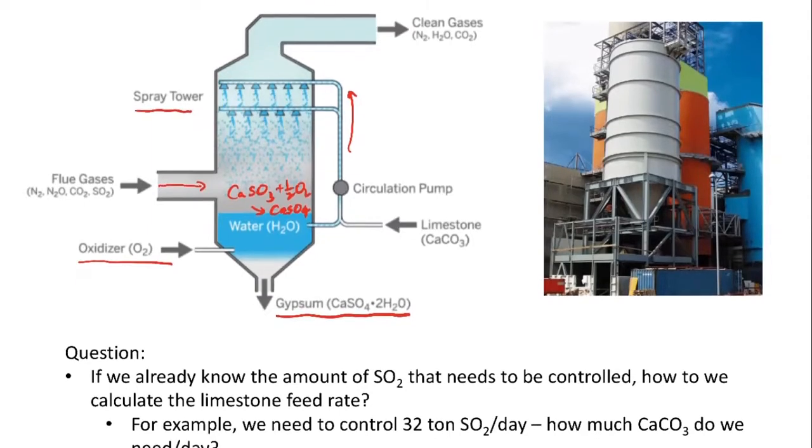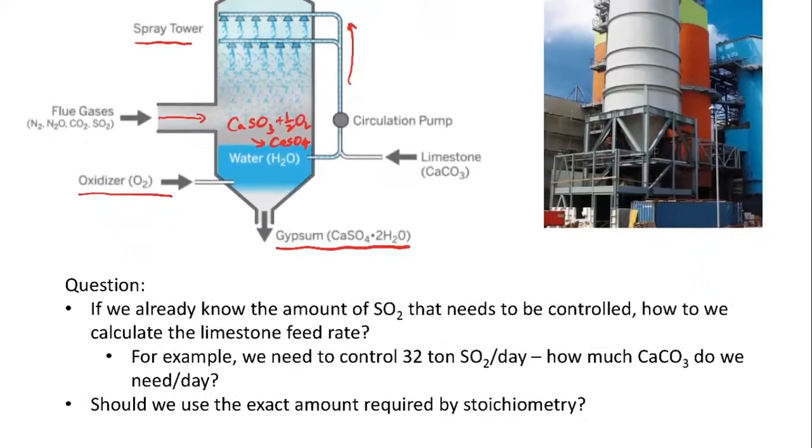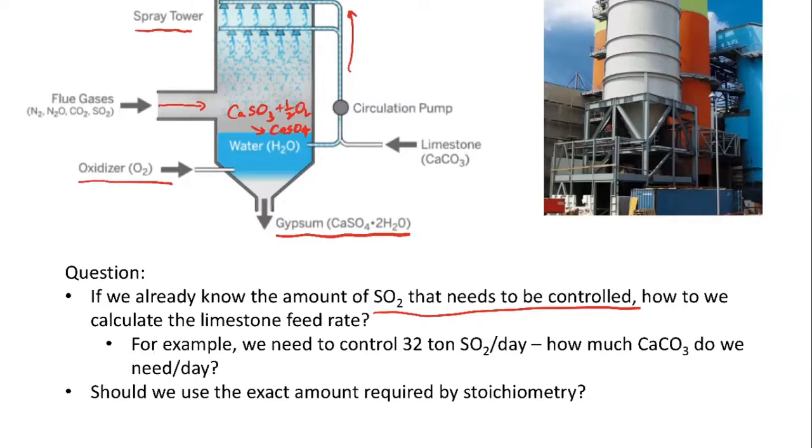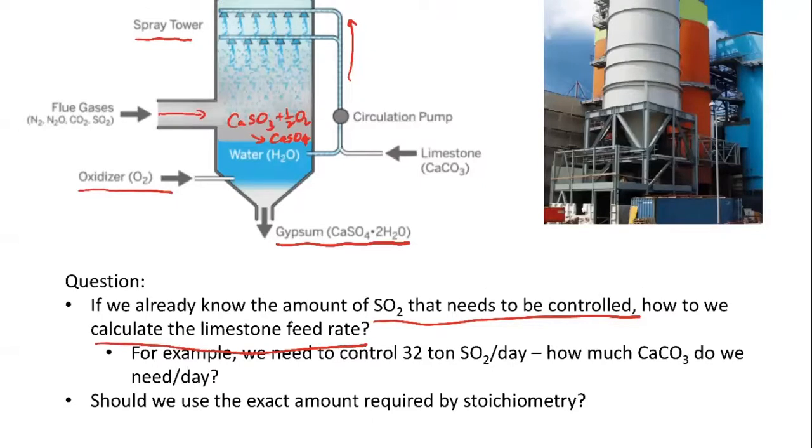So we also mentioned a few questions, right? If we already know the amount of sulfur dioxide that needs to be controlled, similar to the problem or the team project you're working on right now, based on the coal composition, you can calculate how much sulfur dioxide you can generate from this combustion process. Then how do we calculate the limestone feed rate? Okay, so here I'm listing this question again.